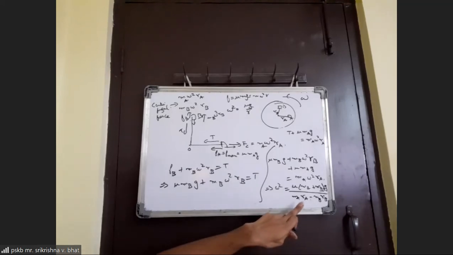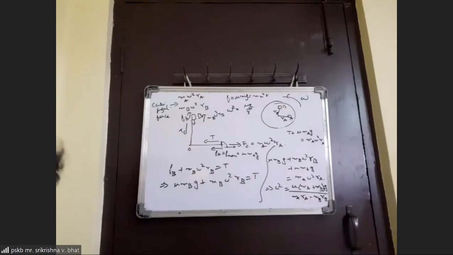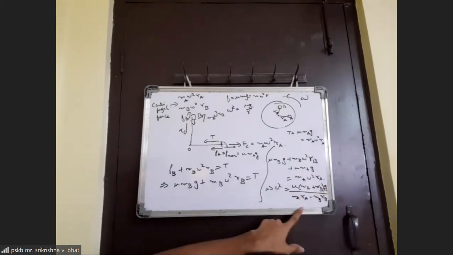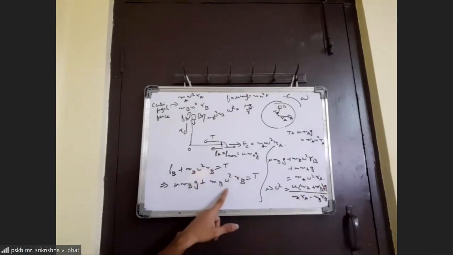And you can also find the tension force as well. You can substitute this omega square in this equation or in this equation, and we can find the tension force.